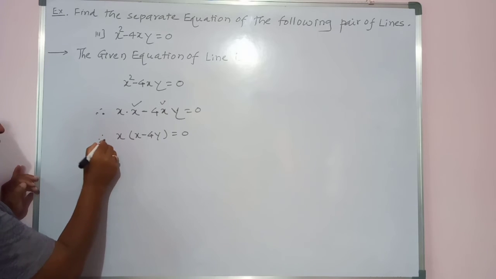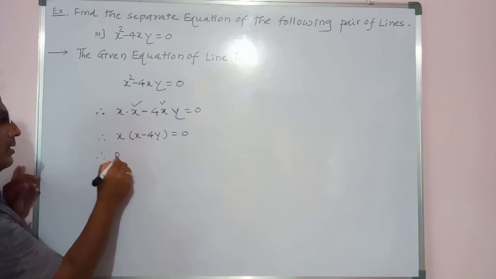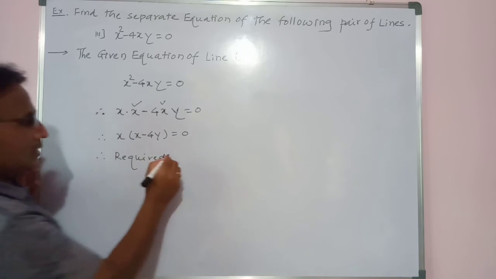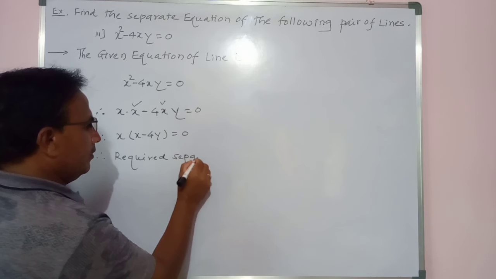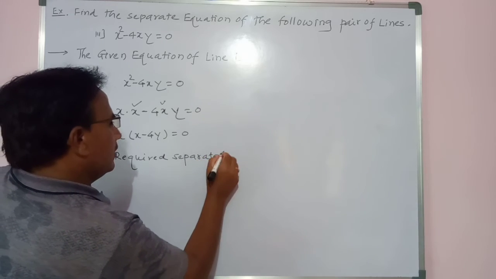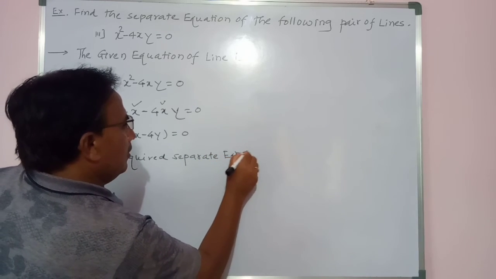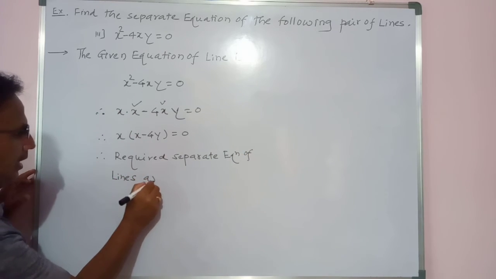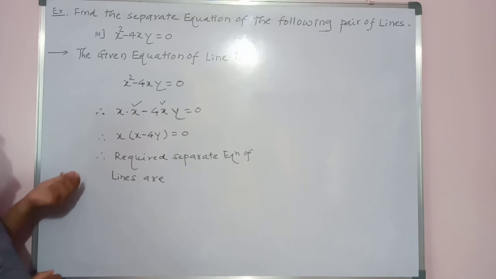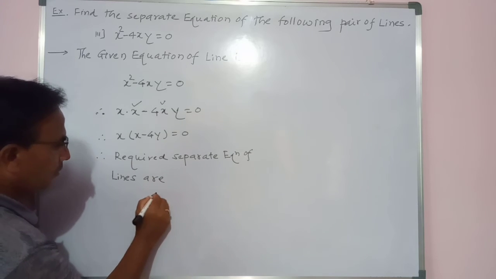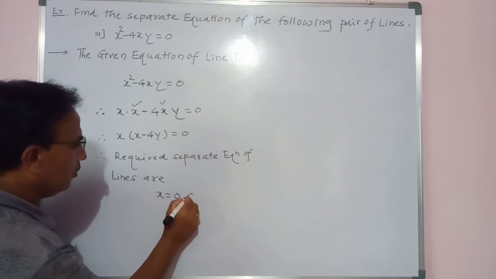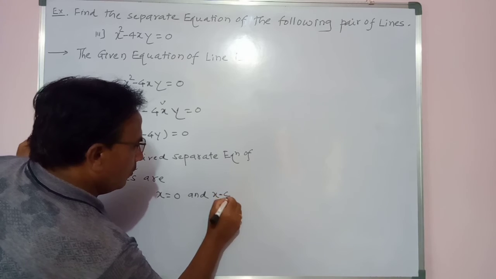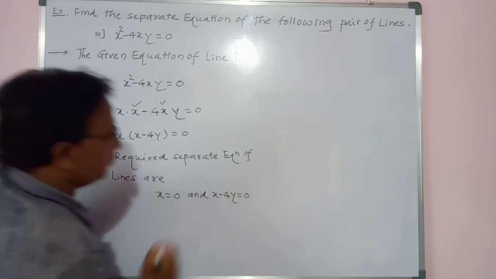Therefore, the required separate equations of lines are x = 0 and x − 4y = 0.